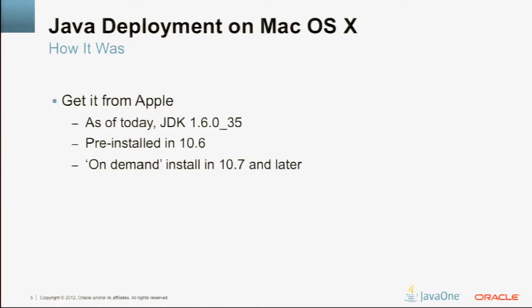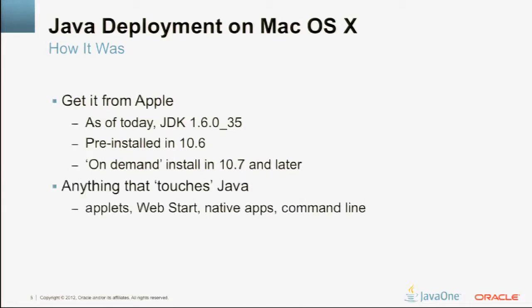On 10.7, it's now an on-demand install. And by on-demand, that basically means that anything that touches Java will prompt the user to install. If you've had a Mac for a while, you're probably familiar with this. When you upgraded to Lion, and Mountain Lion for that matter, anytime you try to do anything with Java, it offers to install Java 6.